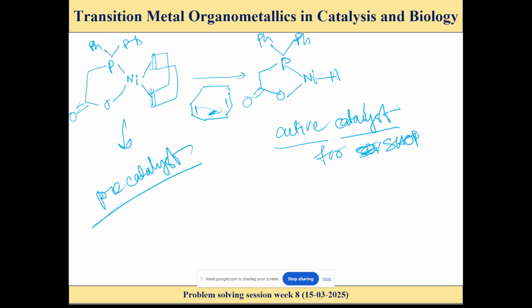That stable molecule may not be the actual catalyst for the reaction. It is just one step before the catalytic molecule which actually takes part in the reaction. That's why we call this type of molecule a pre-catalyst, meaning the molecule which is going to become the catalyst.